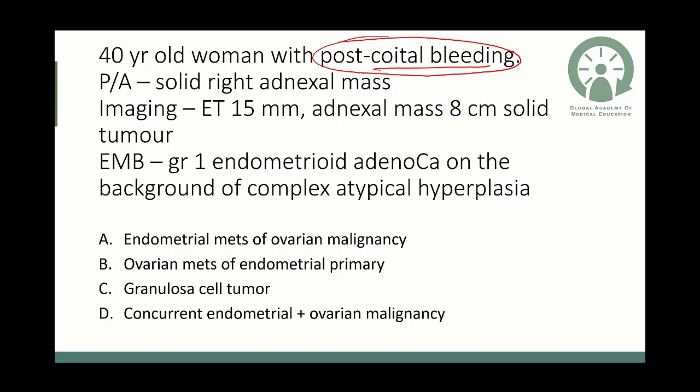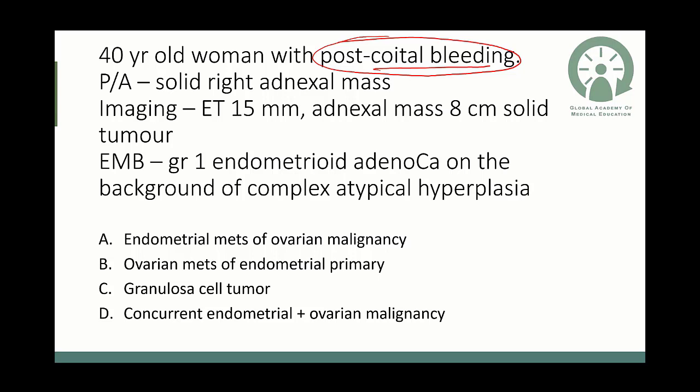It can also happen that the blood was stored or the bleeding was minimal, and because of the friction, the blood which was bleeding from somewhere else, or the minimal collection of blood inside the endometrium, comes out. That is a possibility. So don't make up your mind that postcoital bleeding means CA cervix. No, it's not like that.